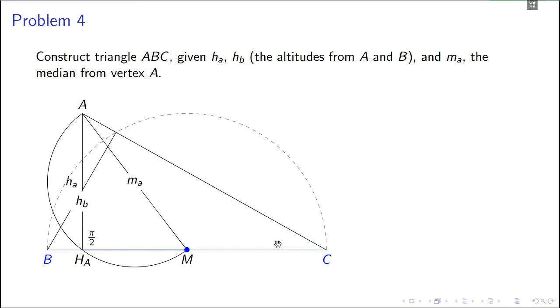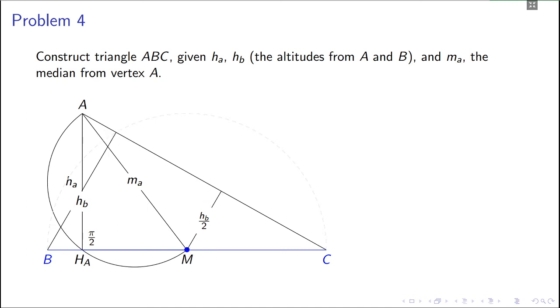But there is a small observation. If you draw a line parallel to this from this point, and you remove this circle, this will also be 90 degrees because this is 90 degrees.